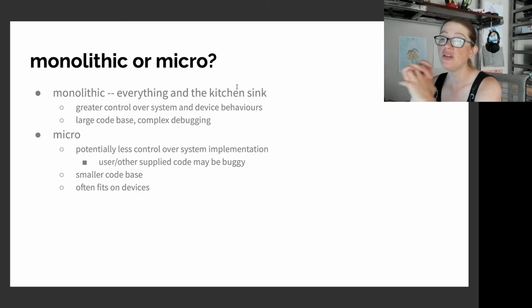For example, Linux is millions and millions of lines of code. Massive code base. And most of the code for Linux is actually device drivers. The same is true for Windows, which is also a monolithic kernel. But what's interesting is, because the code base is so large, debugging issues like deadlocks and race conditions is really, really hard.